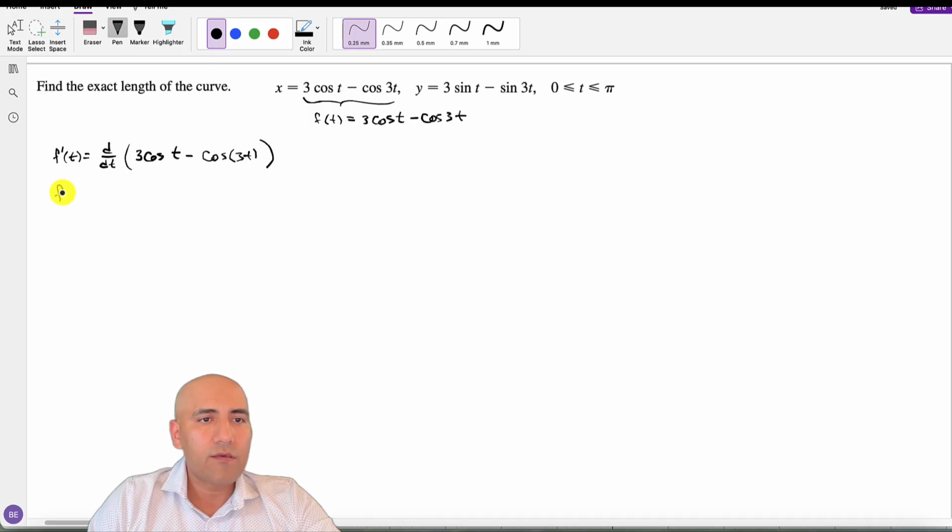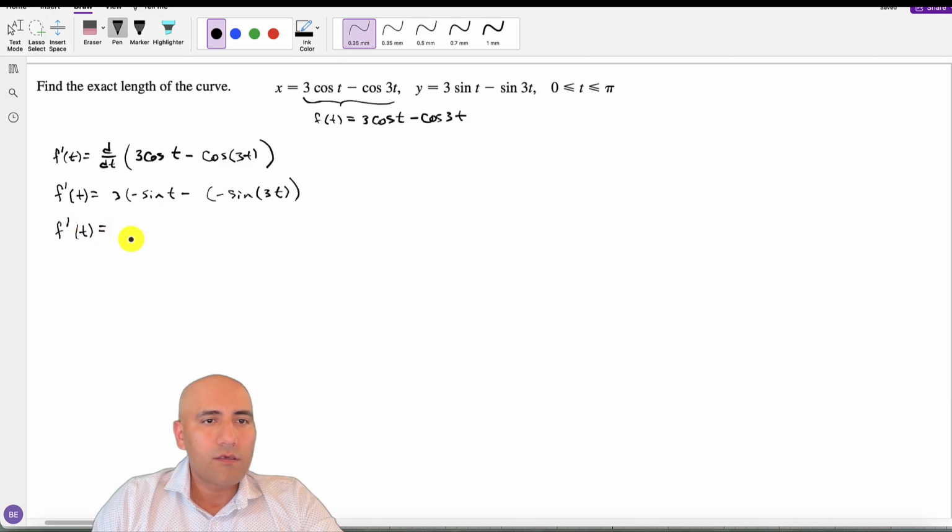So this is going to be 3 times the derivative of cosine, which is negative sine of t, minus the derivative of cosine, which is negative sine, so negative sine of 3t. So f prime of t is going to be equal to negative 3 sine of t plus sine of 3t.